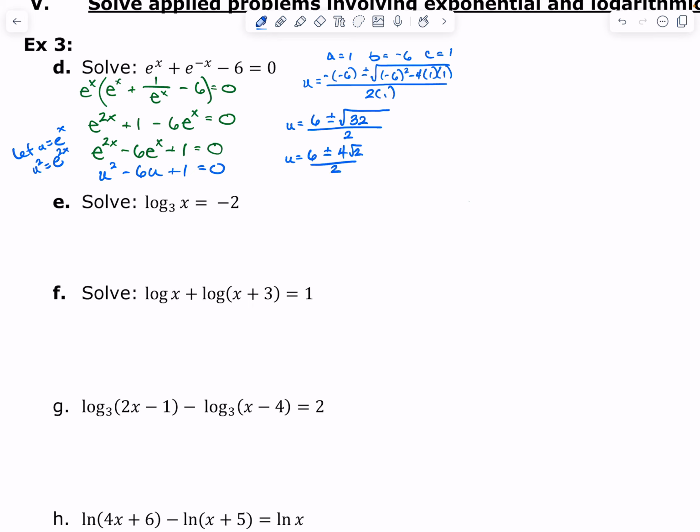And just a reminder, because we had this issue, that 2 in the denominator applies to everything. So I got u equals 3 plus or minus 2 square roots of 2.